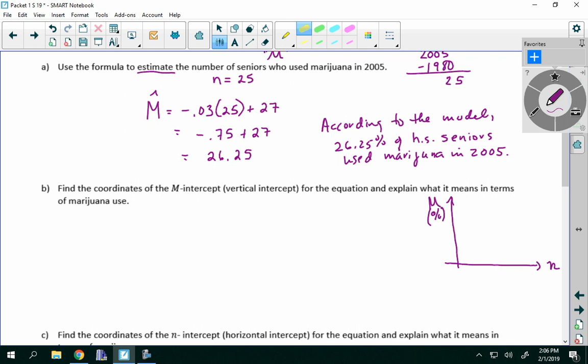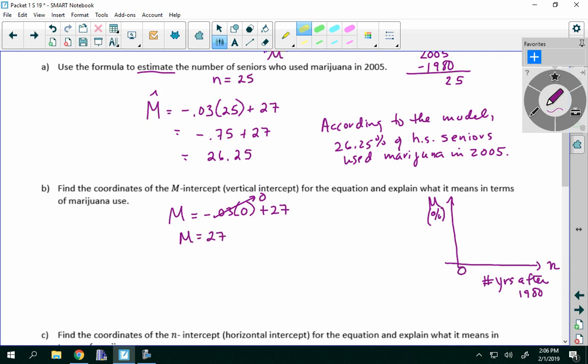And then along my N-axis, I represent the number of years after 1980. So to find an M-intercept, I know that I live on my Y-axis, which means my N value is 0. I'm going to be some point along this vertical positive axis here. So to find that value, I put in 0 for N, and I solve my equation. So this goes to 0, so M equals 27.